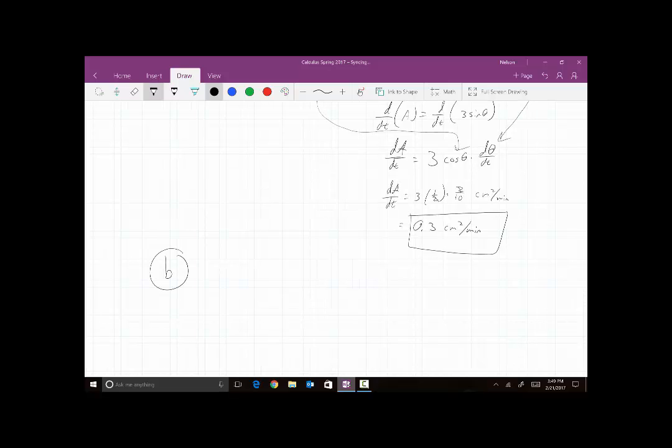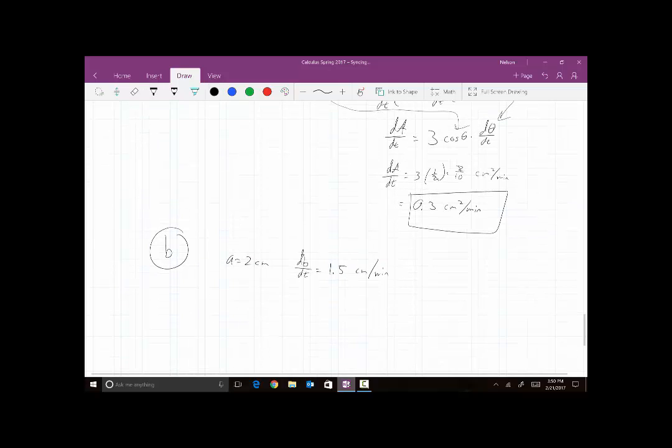B says if A is equal to 2 and B increases. So now in this situation, B is increasing at a rate of 1.5 centimeters per minute. That means dB/dt is equal to 1.5 centimeters per minute, and theta is increasing at a rate of 0.2 radians per minute.